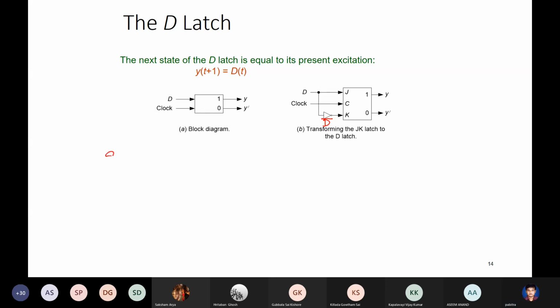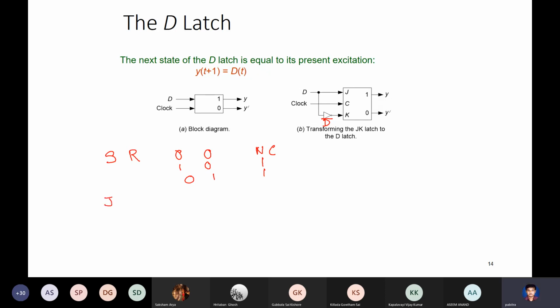SR: let me call this input. When input is 0, 0, output is no change. When input is 1, 0, output is 1, 0; 0, 1 gives 0, 1; 1, 1 is invalid.